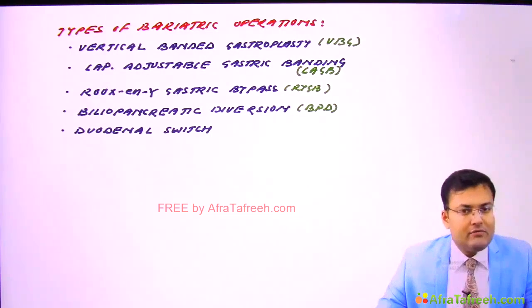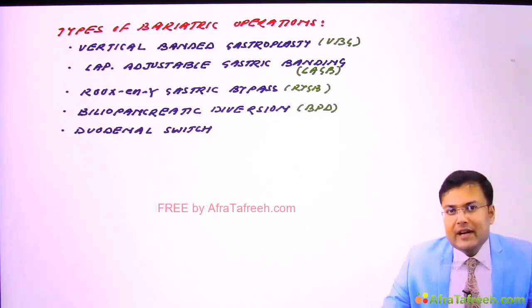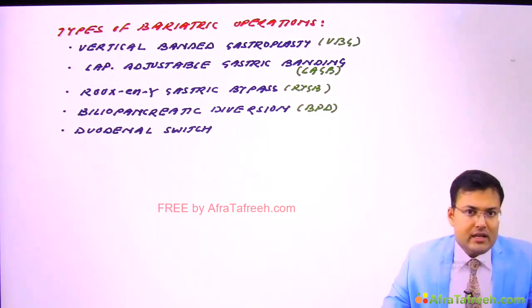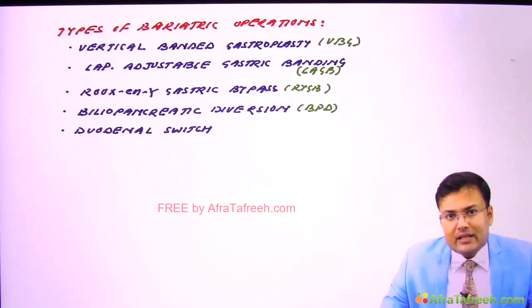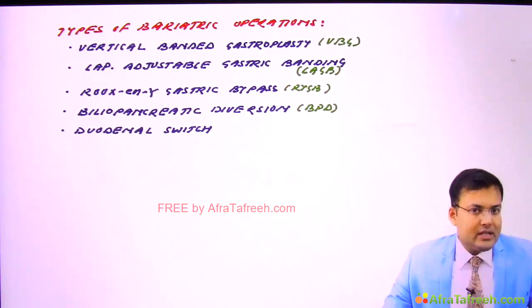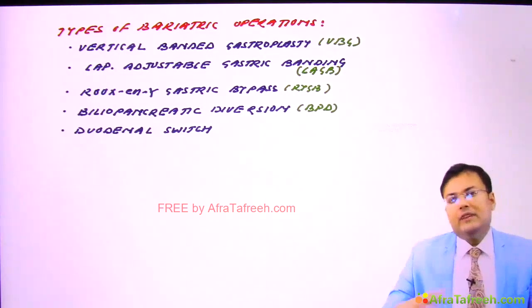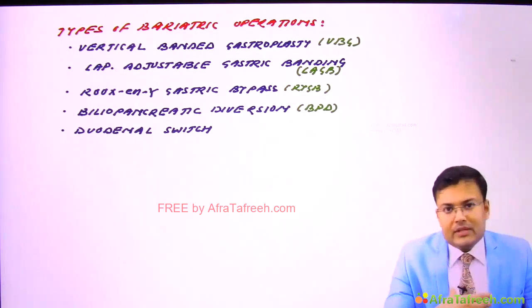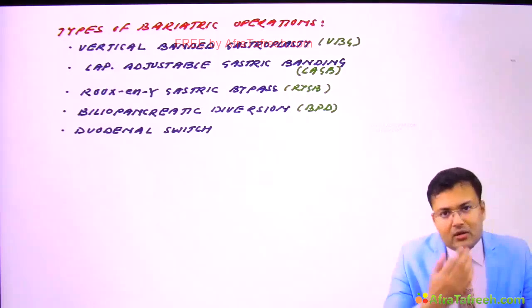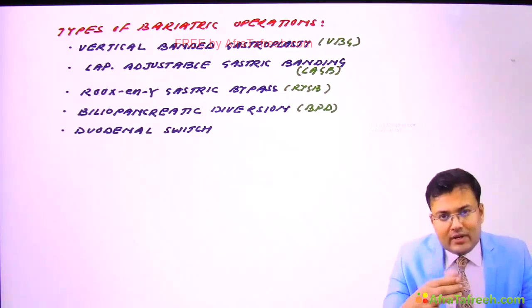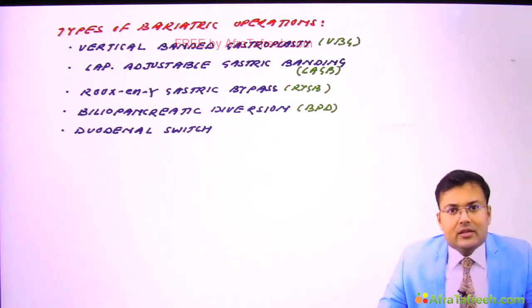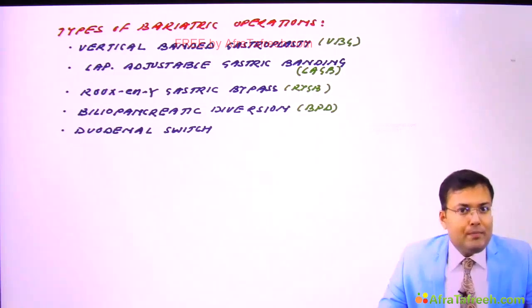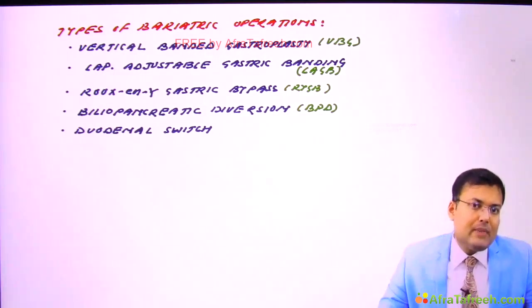Now the first question which is asked. Out of these 5 bariatric surgical procedures, questions are asked which is purely restrictive, which is largely restrictive, and which is largely malabsorptive. Now what is restrictive, what is malabsorptive? Whenever we perform surgery that restricts the oral intake, it is restrictive, and if the surgical procedure impairs the absorption, it is malabsorptive.